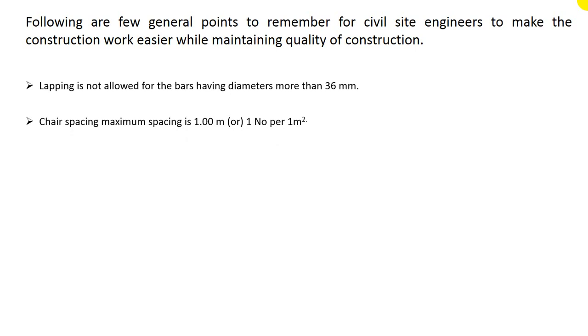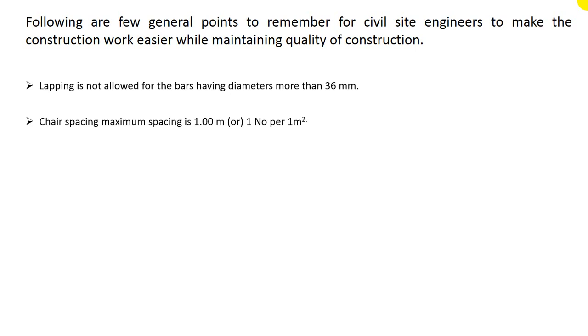Chair spacing, maximum spacing is 1 meter, or number 1 per meter square. I think you all know what a chair is in construction.